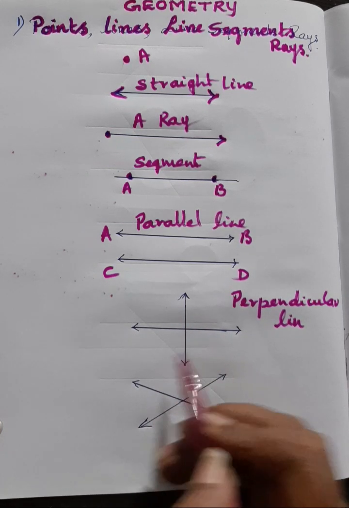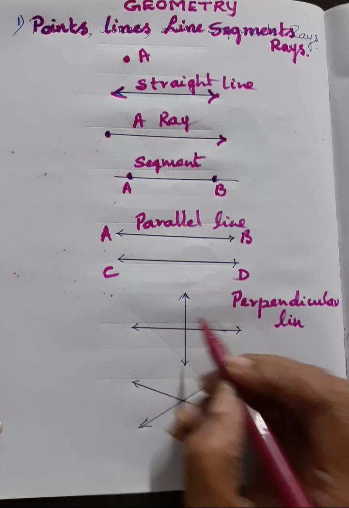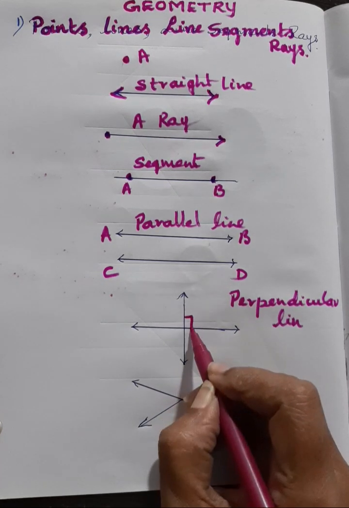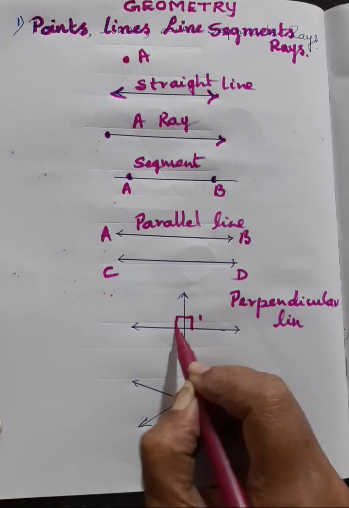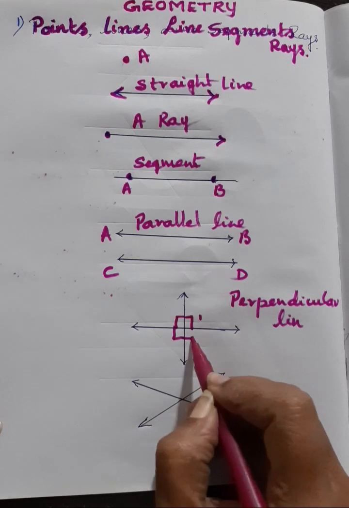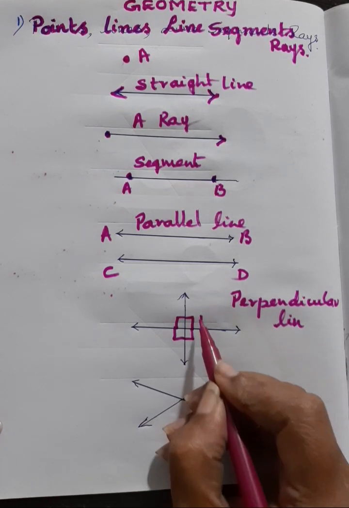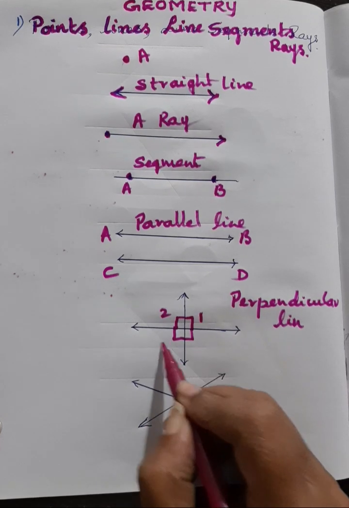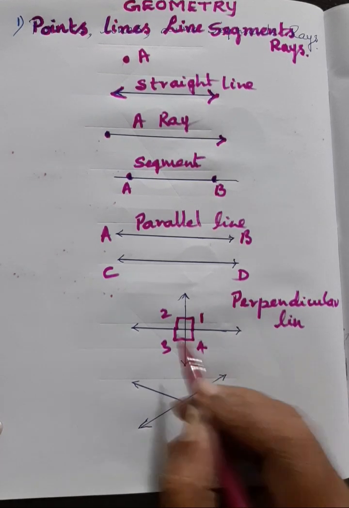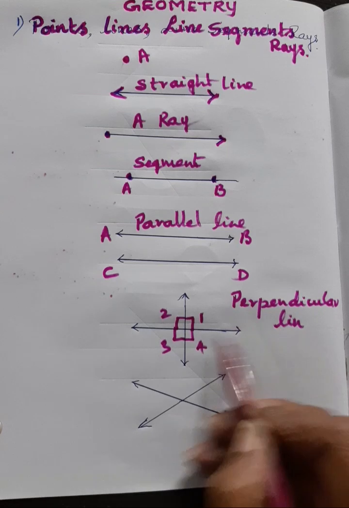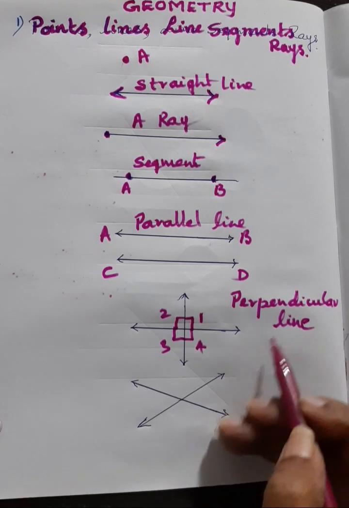These two lines intersect to form four right angles. This is the first right angle, second, third and fourth. So 1, 2, 3, 4 right angles. So we call it a perpendicular line.